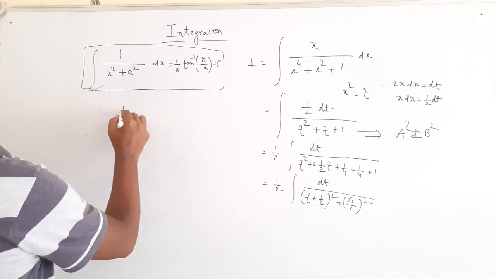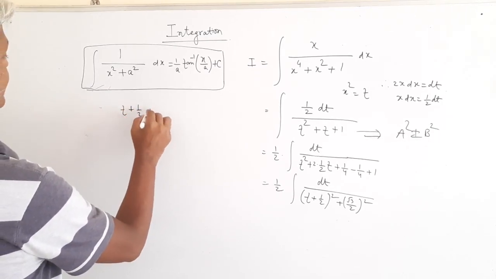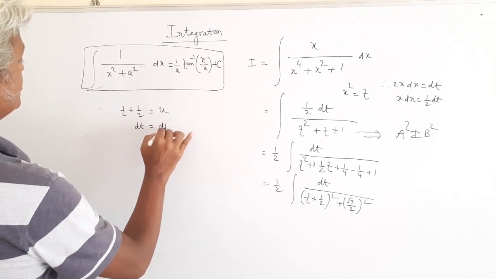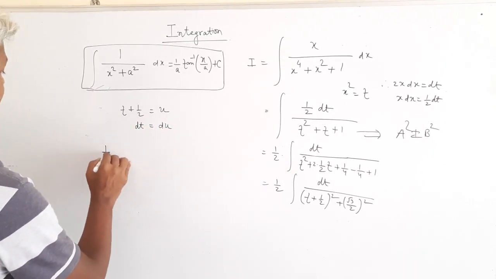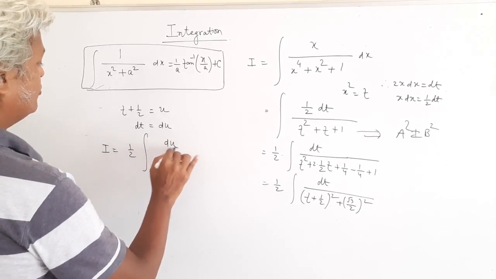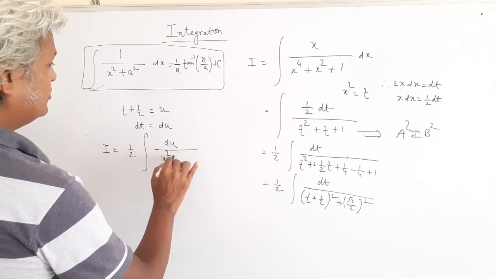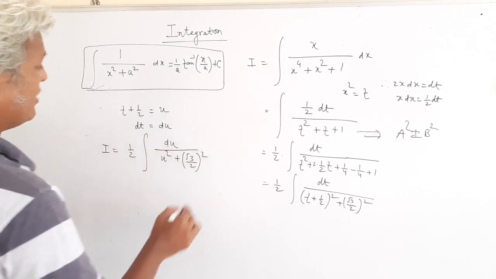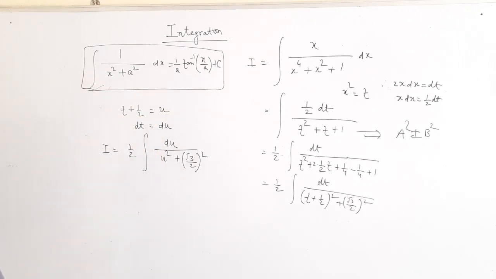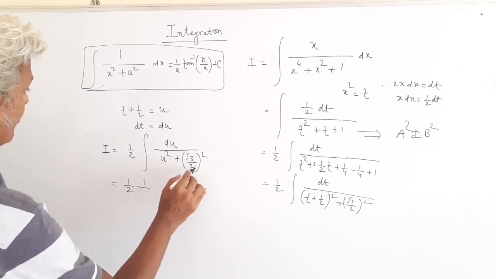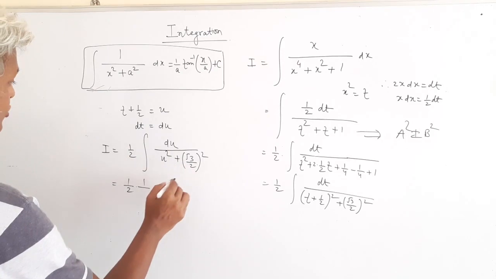So let's see, let t plus half be u, so you get dt equals du, and then your integral will become half integration du over u square plus root 3 by 2 whole square. Now we are very close to the standard form, and you see that I can write this as 1 over 2, 1 over a, and 1 over a is 1 over root 3 over 2.